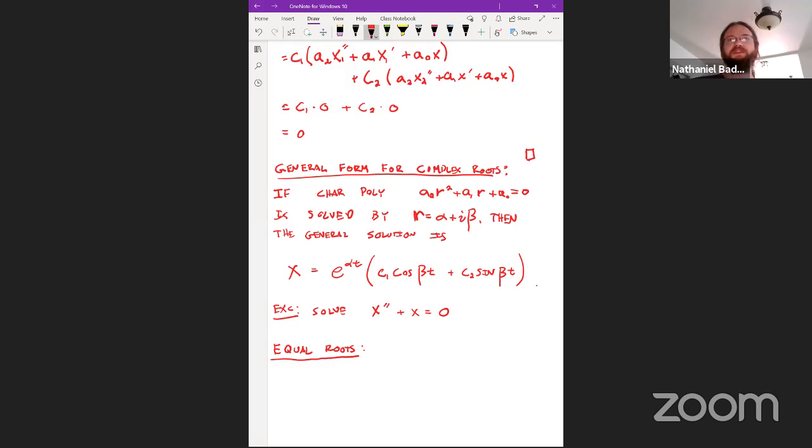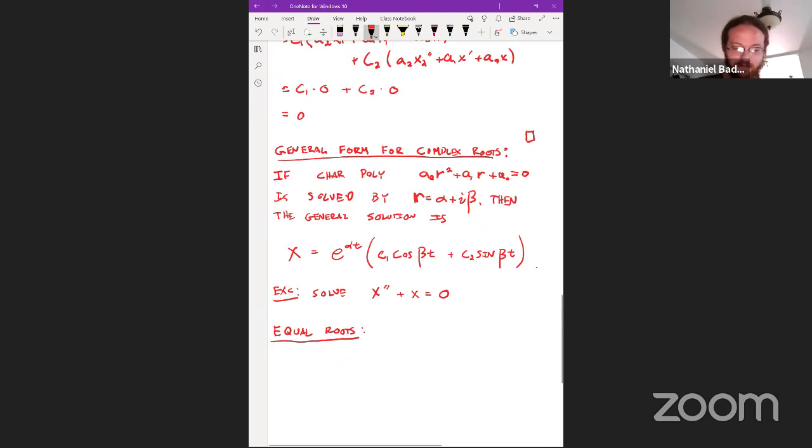Yeah, that's good. That's exactly what it's going to be. I just read it off the form here. Correct, because in this case alpha is going to be 0, although it is going to be cosine of t. So there's a case of equal roots, and I haven't mentioned anything about it here, but I do just want to flag this really fast.